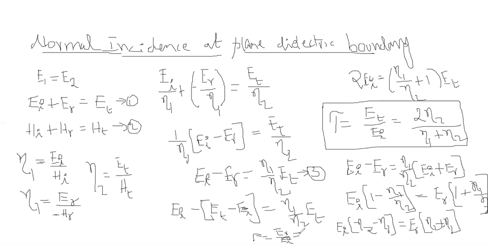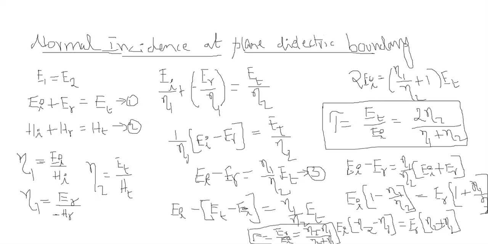What is the EI coefficient here? The ER coefficient is eta 2 minus eta 1 whole divided by eta 2 plus eta 1. The reflection coefficient. Transmission coefficient ET by EI is 2 eta 2 by eta 1 plus eta 2.